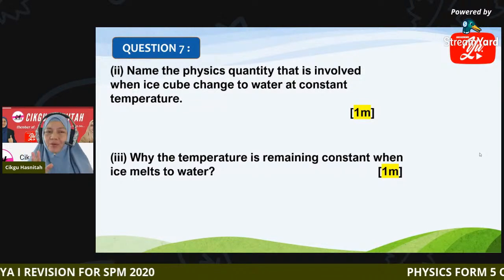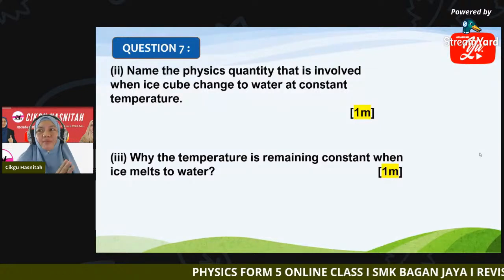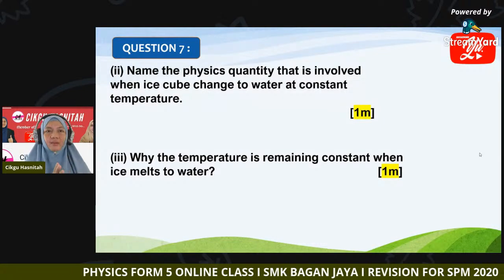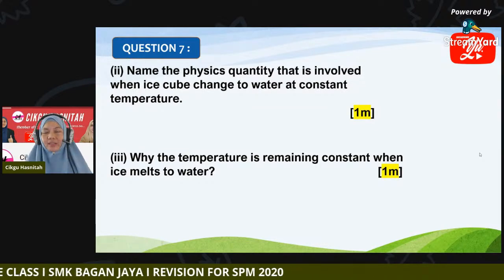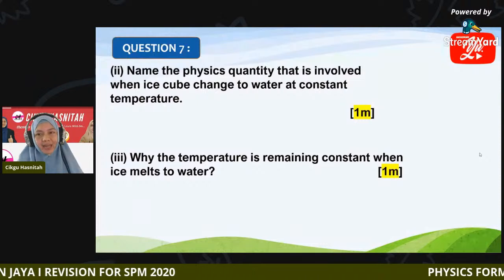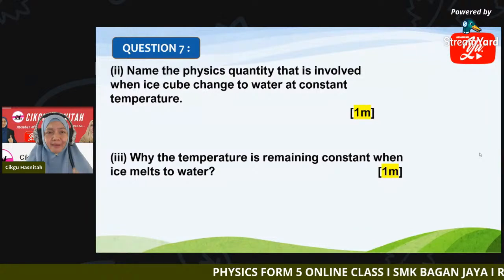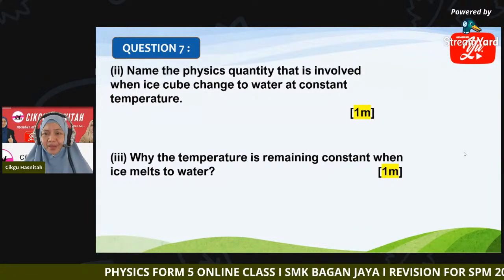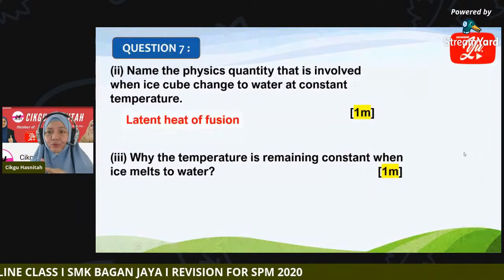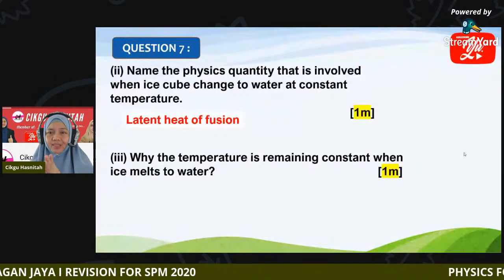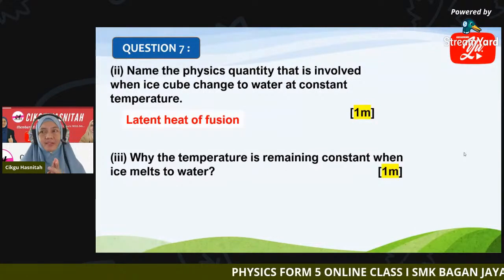You can answer this very well. So what is the name of the physics quantity involved when the ice cube changes into water at constant temperature? One says latent heat of fusion. Why is the question mark at the back? You don't feel confident? Yes, your answer is very right, very true, correct. Congratulations. Latent heat of fusion is the name of the physics quantity.